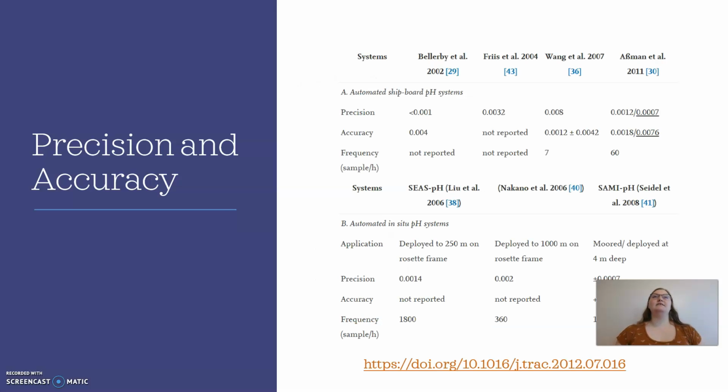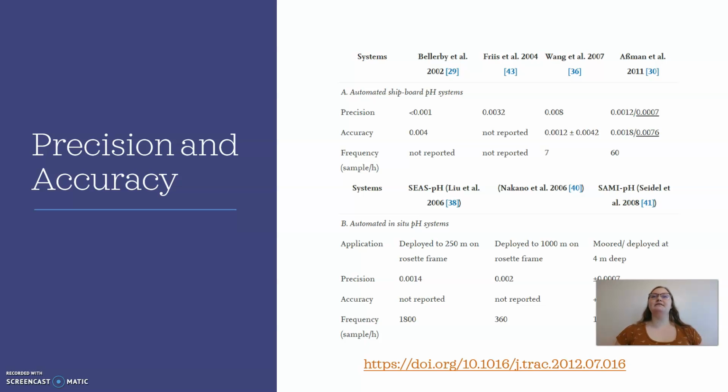Now, why spectrophotometric pH is a better system than any others that are commonly used, like the potentiometric one that we use, is precision and accuracy, but a lot of the reason is precision.